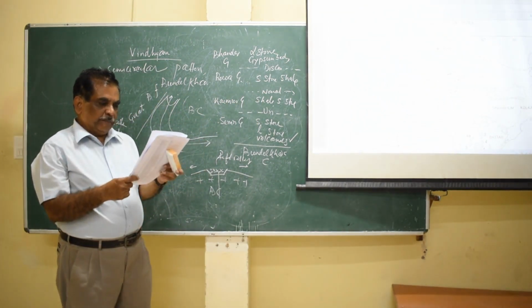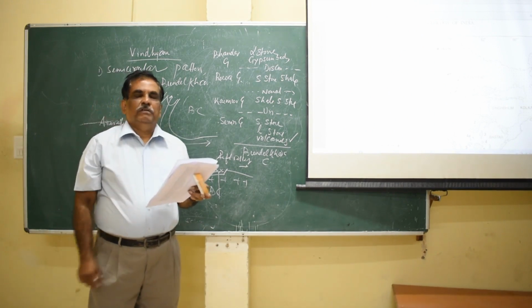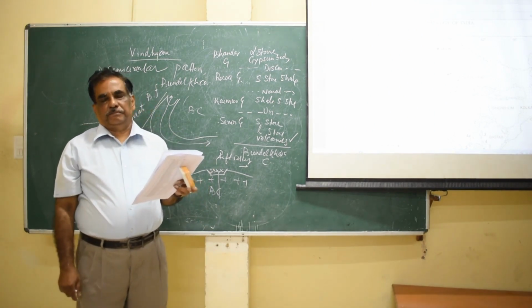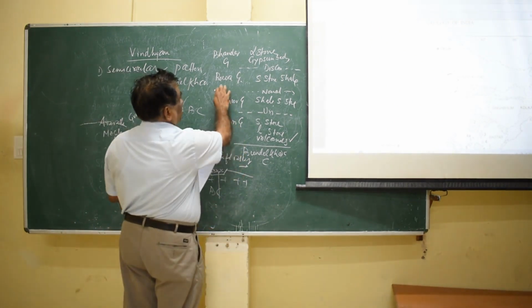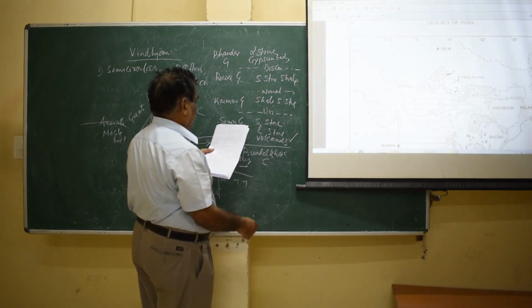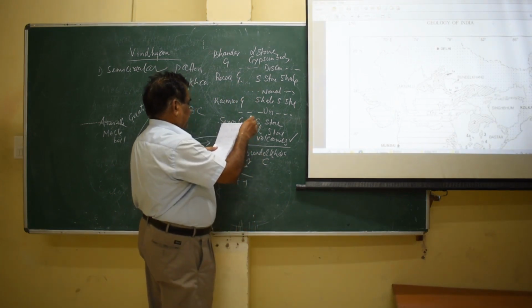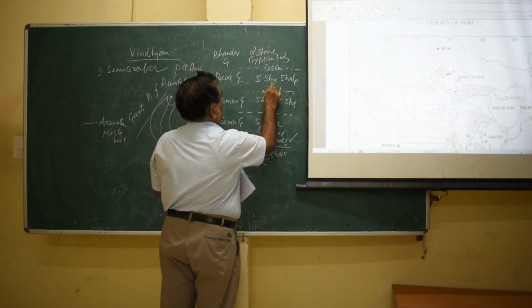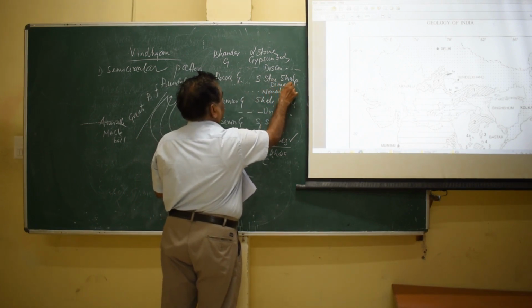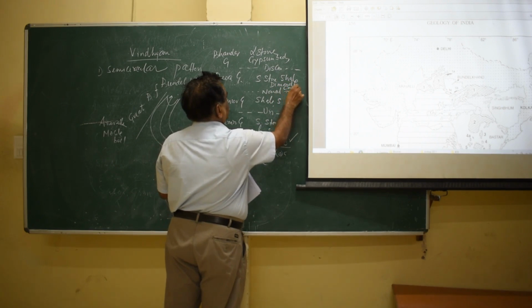Now these Vindhyans are very famous for diamondiferous deposits. Where are those diamondiferous deposits? In Rewa group of rocks, there are some diamondiferous conglomerate. Rewa you have diamondiferous conglomerate.